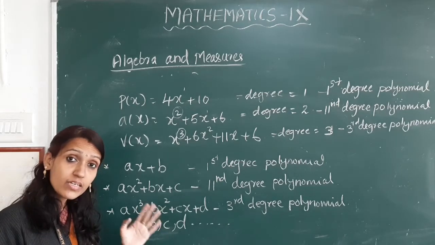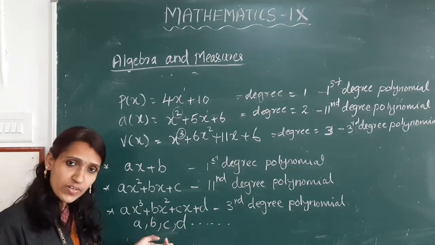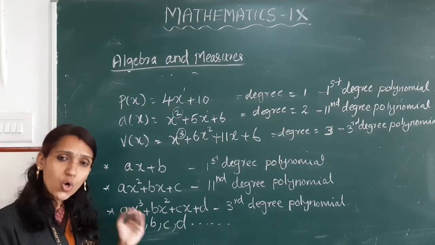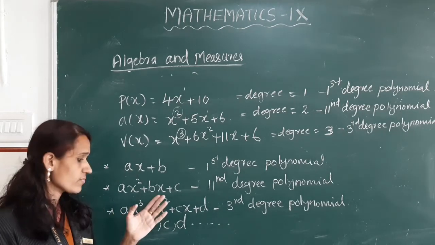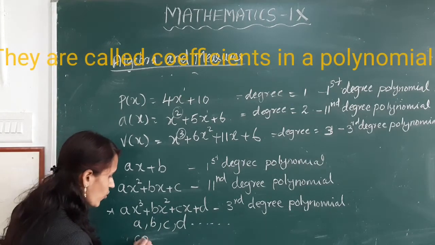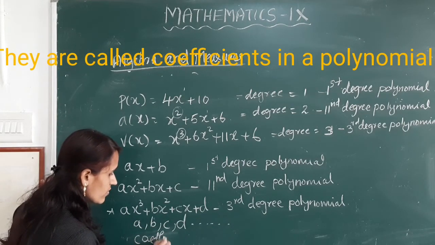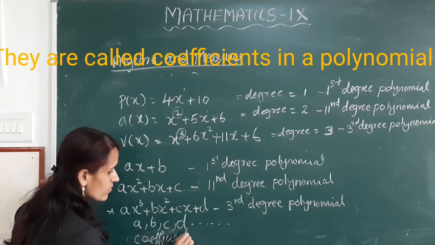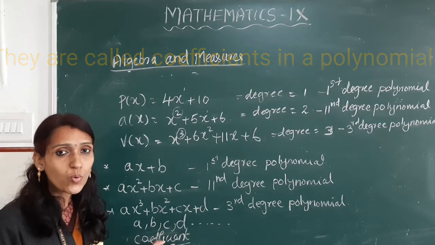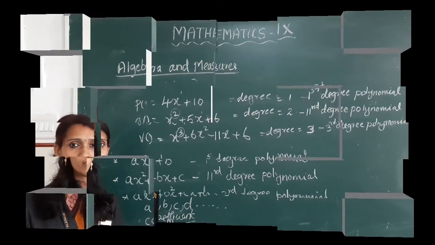They can be natural numbers or fractions or numbers which are not fractions or negative numbers. They are called coefficients in a polynomial. Clear, children?